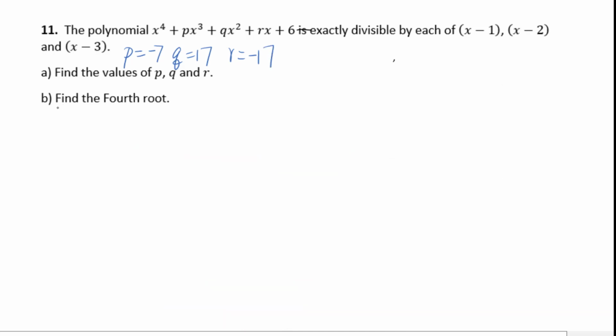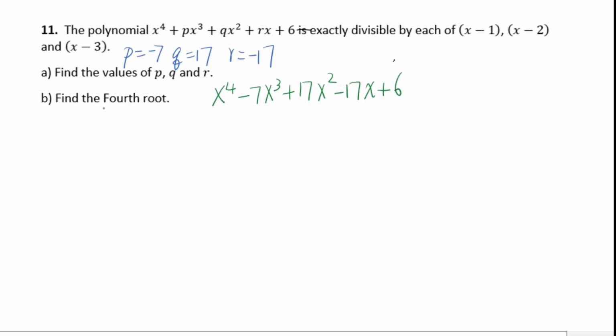Now let's go to B. Find the fourth root. We know this polynomial function, x to the fourth power minus 7x to the third power plus 17x squared minus 17x plus 6.